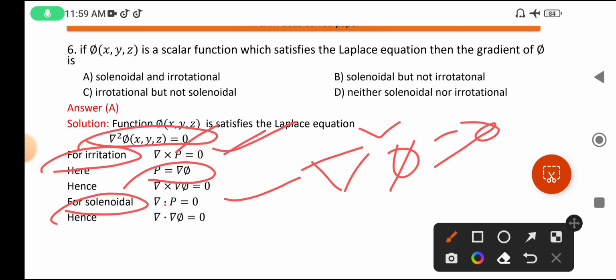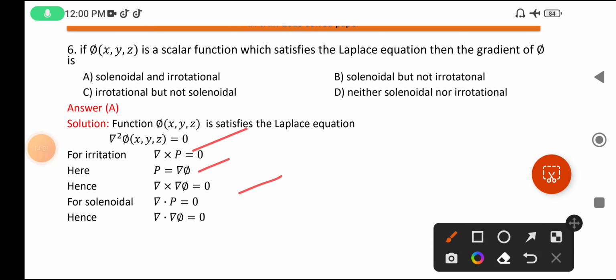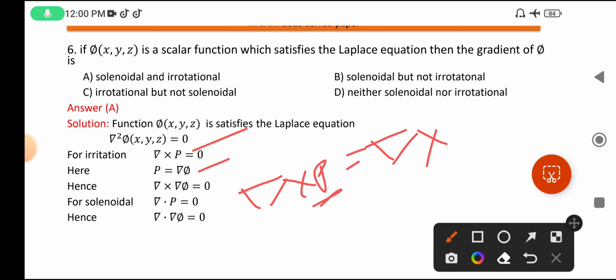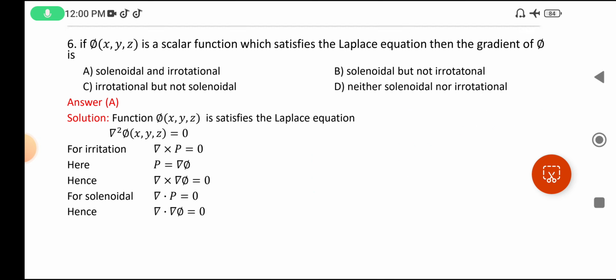Substitute p value del phi in the above equation: del cross del psi. Curl of gradient is always 0. Okay friends, curl of gradient is always 0. So that is why that is 0.